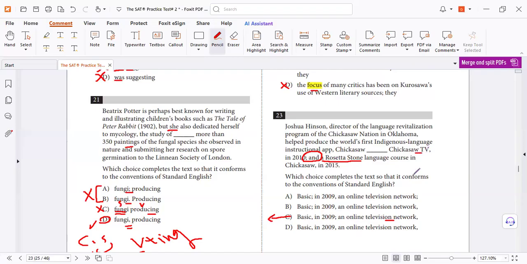This one. That means here the names come after the semicolons. So the list: Rosetta Stone language. It's related to the online television network. Imagine it. So it's letter C. Of course, letter D, you don't have any semicolon. That means it's wrong.